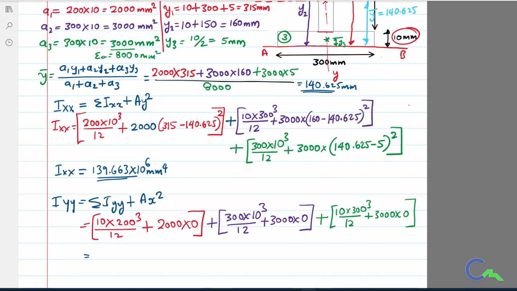So if you do the calculation, we are going to get 2.9192 into 10 to the power 7 millimeter to the power 4, or else you can write 29.192 into 10 to the power 6 millimeter to the power 4.